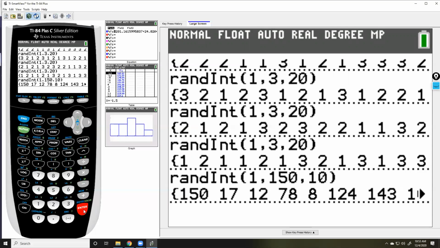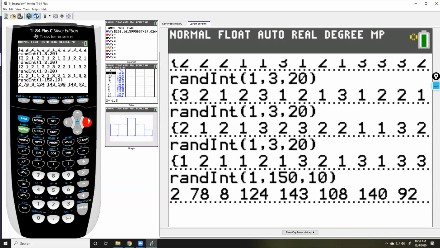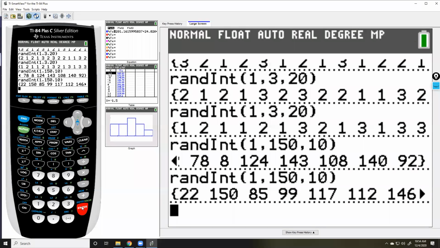And so now that we're here, we can count up how many of the spots, remember 1 through 19 is the spots going to student government. So there's a 17, there's a 12, there's an 8. So only 3 of the spots went to student government. I'm going to hit enter again to get another trial. This time, that's 22.